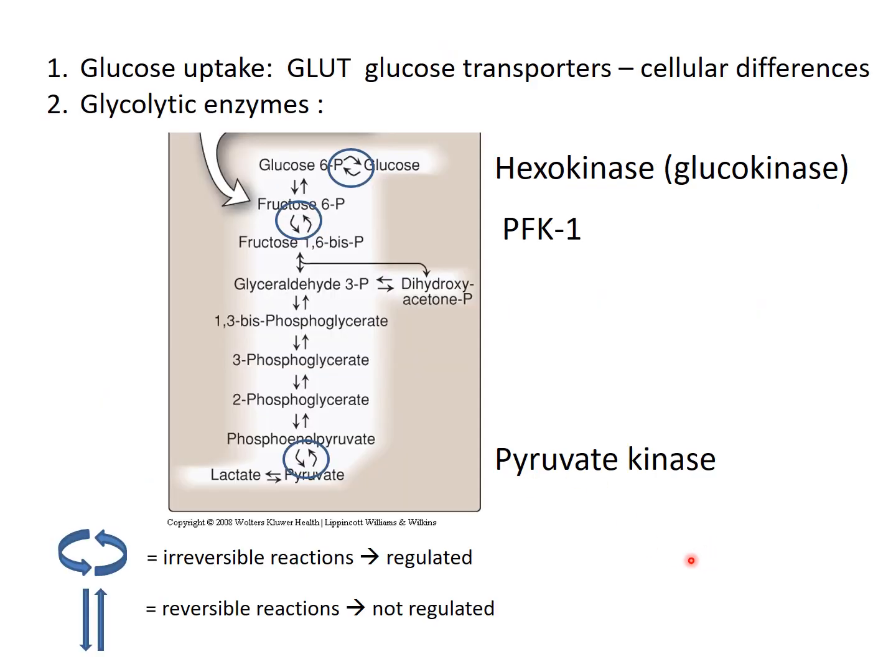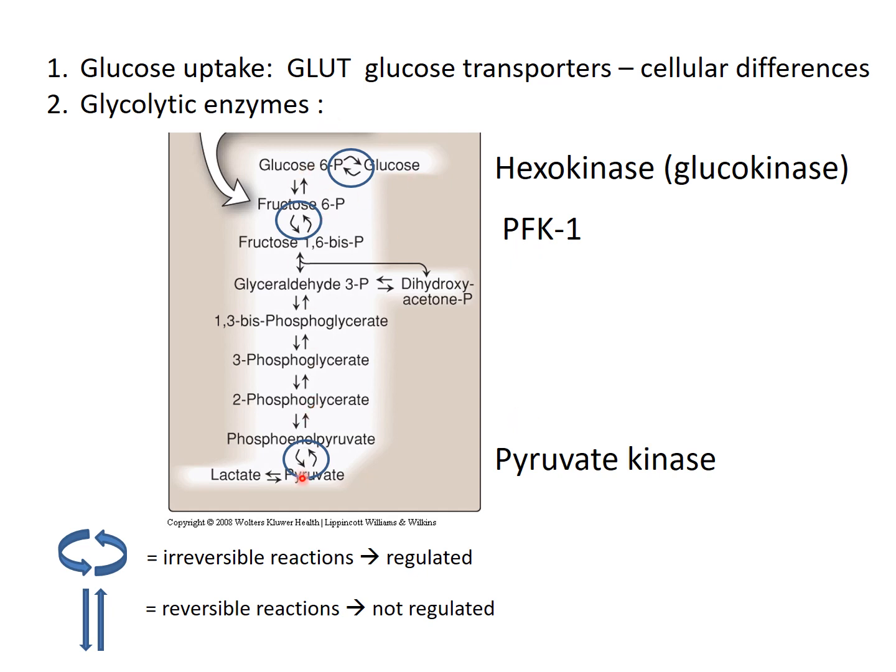Let's see glucose uptake. Glucose uptake is by so-called GLUT or glucose transporters. There are cellular differences between the GLUTs that can be on the membranes of different cells. And hexokinase, PFK1, and pyruvate kinase are the 3 kinases that will be regulated.